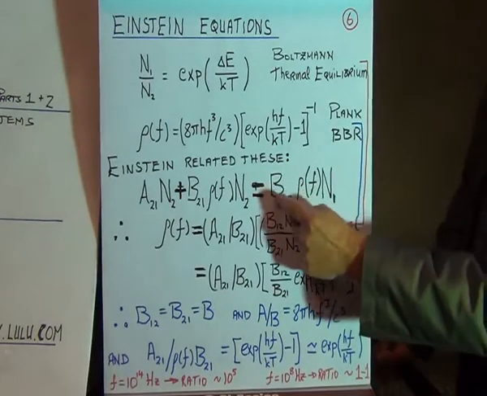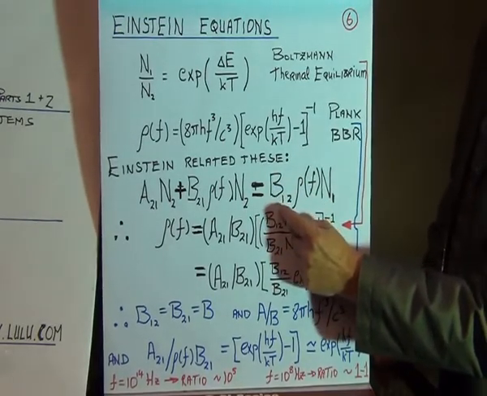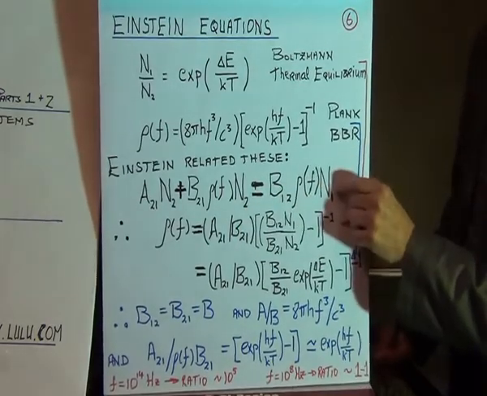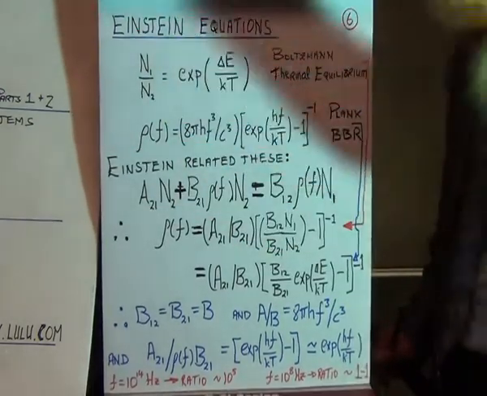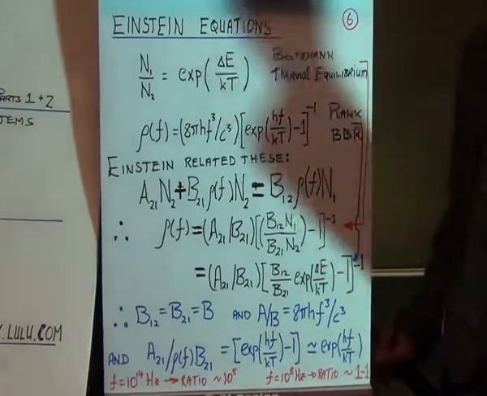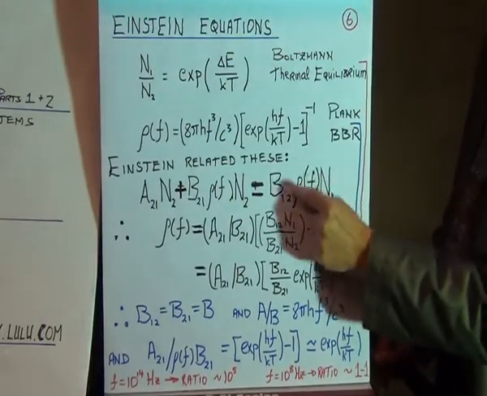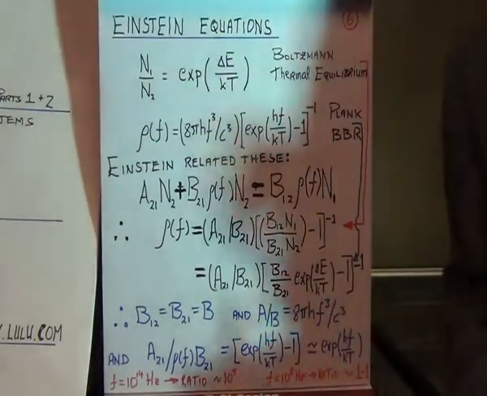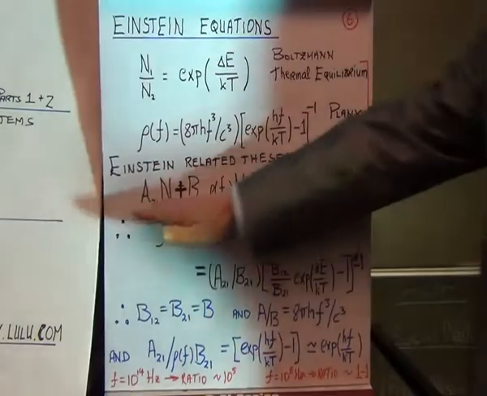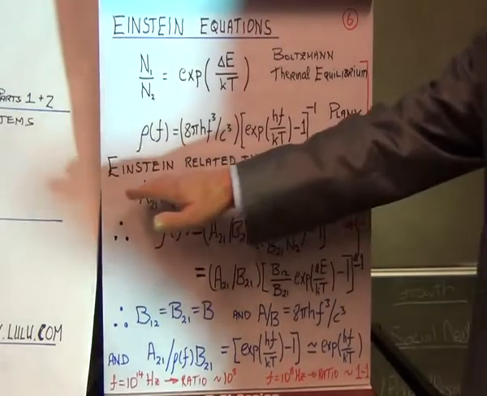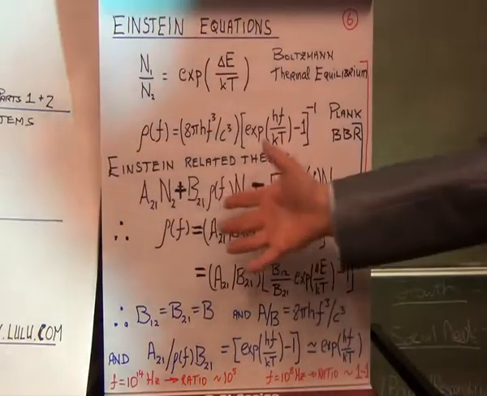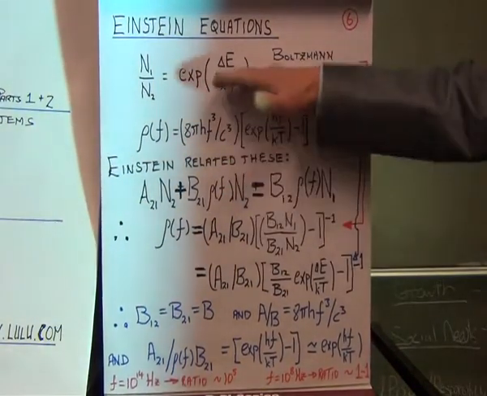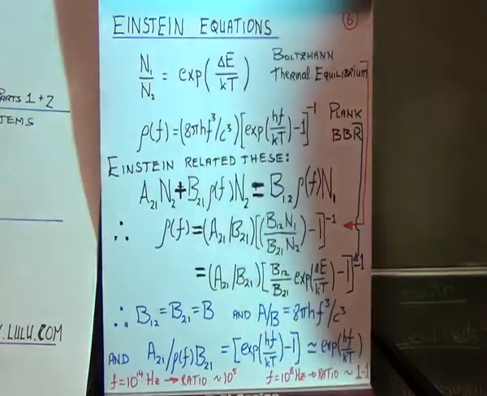A different coefficient from lower state up to the higher state, multiplied by the population down there that's capable of making the transition. It's a stimulated process, so you again multiply by the density of photons at that frequency corresponding to that gap. So that's our dynamic equilibrium, and that is Einstein's contribution. It was simply a matter of making that fit with the other two equations, Boltzmann and Planck, and you had the clues.